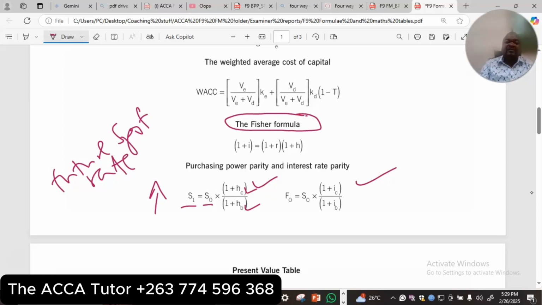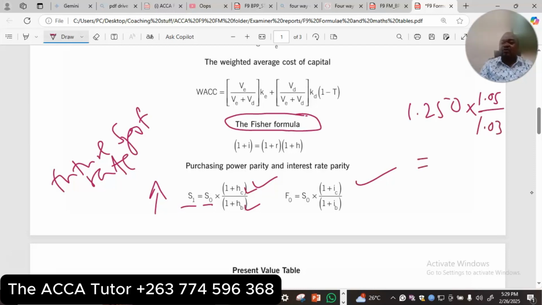For example, if the spot rate was, let's say, 1.250, but now because of the inflation rate that is increasing, let's say it's 5%, over the domestic inflation rate of 3%.